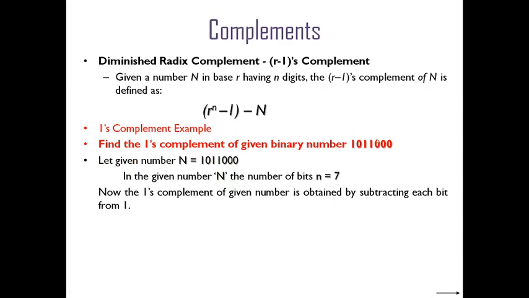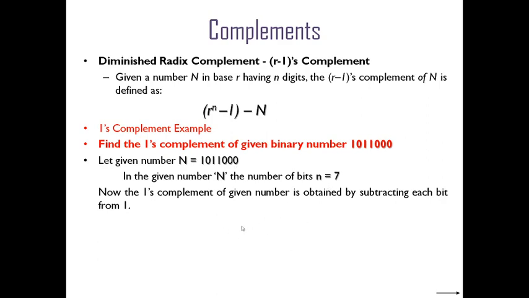You will see one example. This is the given binary number, and if you want to estimate the ones complement, first we will take the number of bits in that given binary number. There are 7 bits here. That means we have to choose 7 ones.